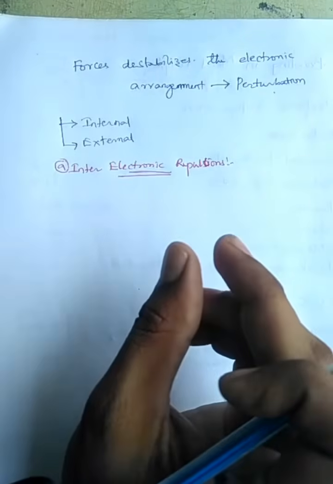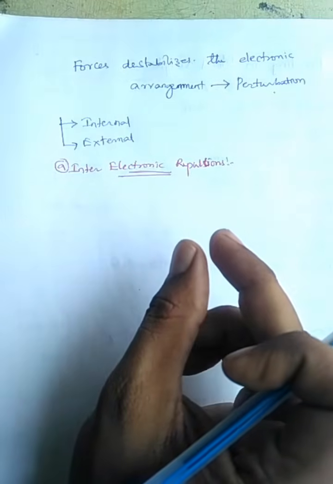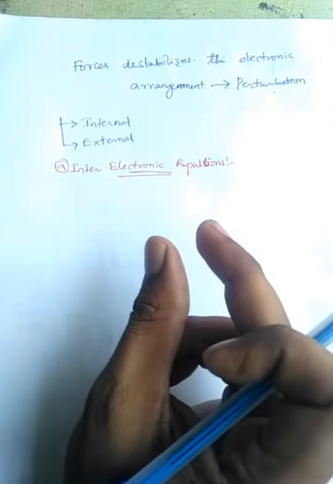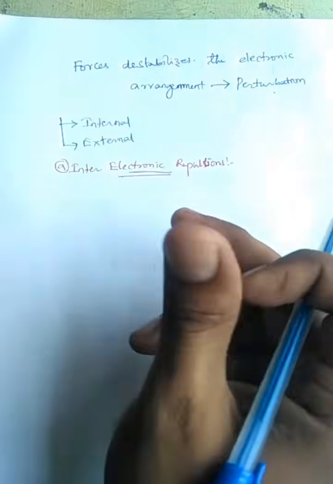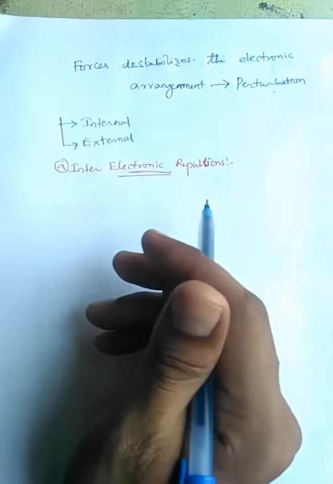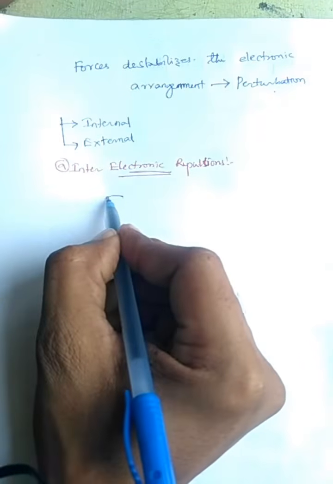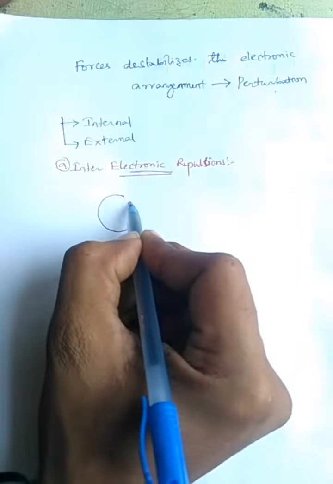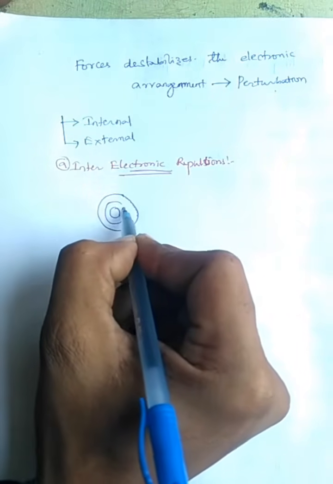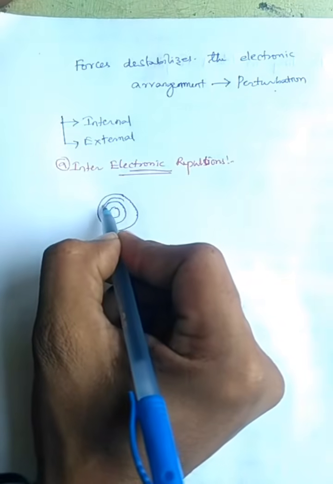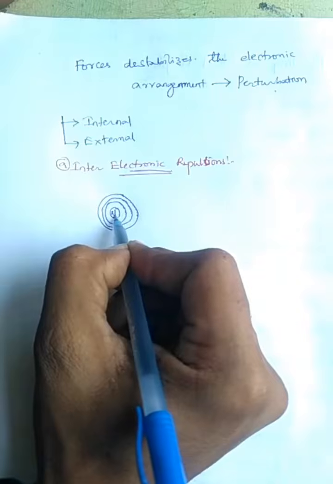So the atoms are of very small size, right? Why I am saying all this is that we have to recognize how small the atoms are. When we look into the atom, it consists of a centrally situated nucleus surrounded by multiple energy levels which consist of different numbers of electrons.